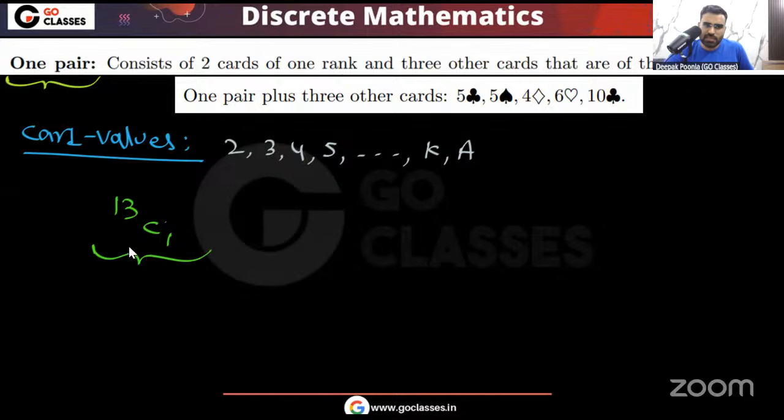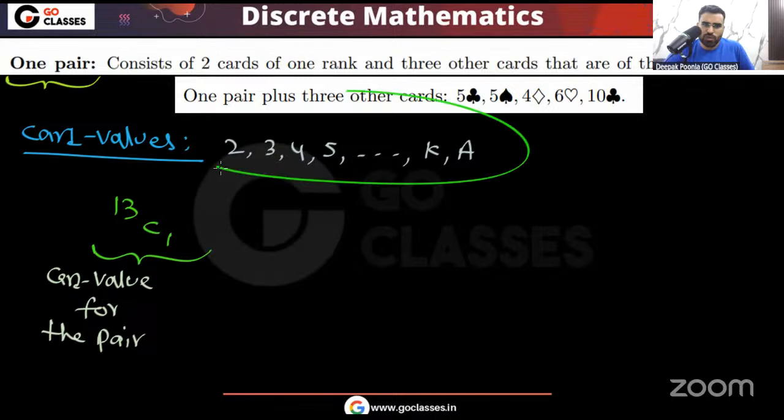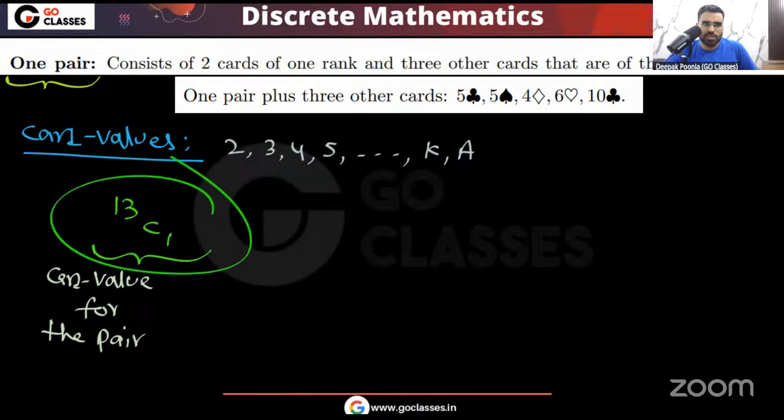So here we are choosing the card value for the pair, for which value there will be two cards of that value. So from 13 values we are choosing one value for which we will have the pair. This is the value for the pair.